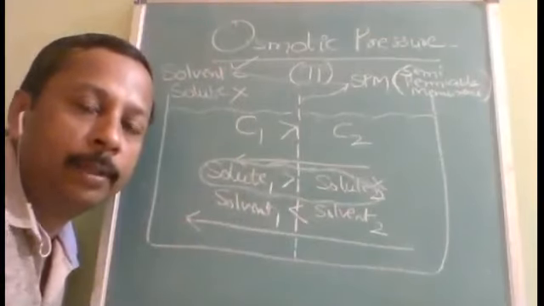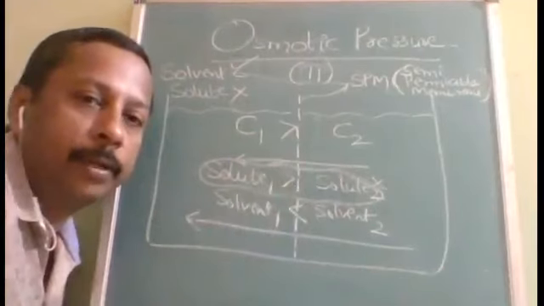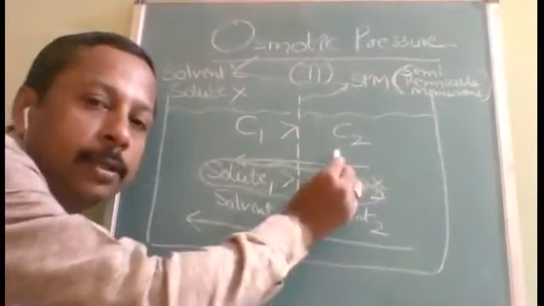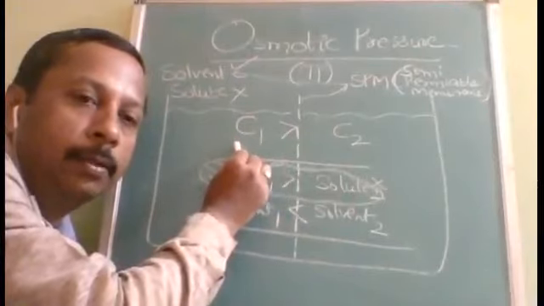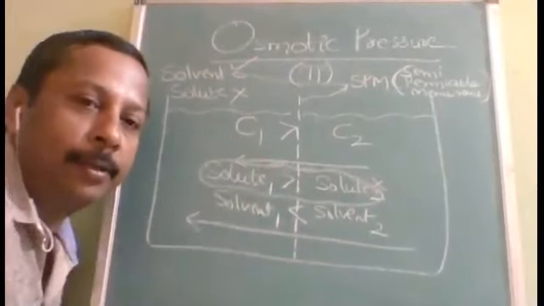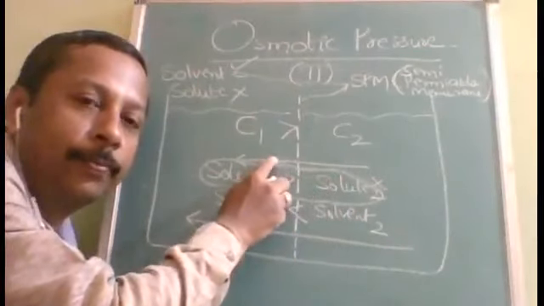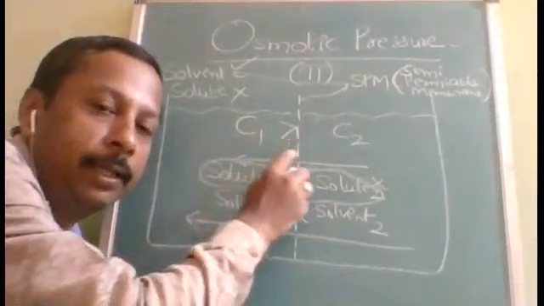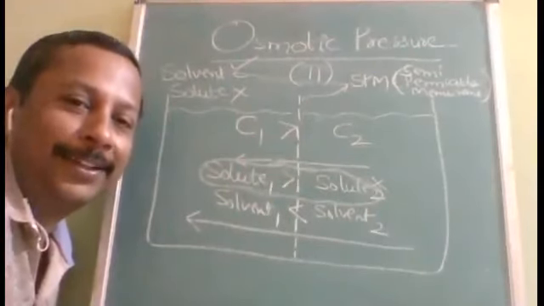Till what time? Till the time both concentrations are the same. Okay, let us take this as concentration 3 and this as concentration 1. So from 3 it will keep on decreasing and reach 2, and from 1 it will keep on increasing and reach 2. Okay, sorry.